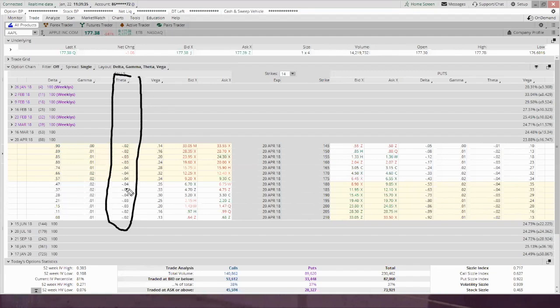For every day between now and April that we don't get to 180, this thing's going to lose 4 cents, because the probability is getting tighter the closer we get to the date. We'll know closer and closer, hey, this is where it's going to be or not going to be, more likely, and so that thing will decay. Its price is where it is right now because we don't know.